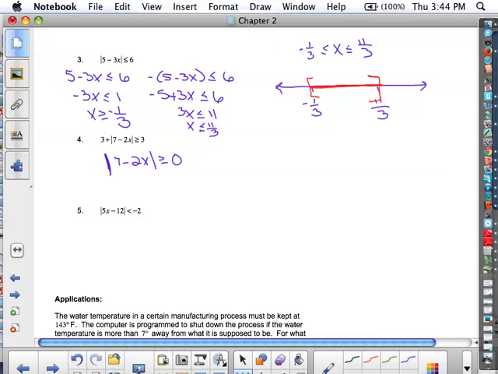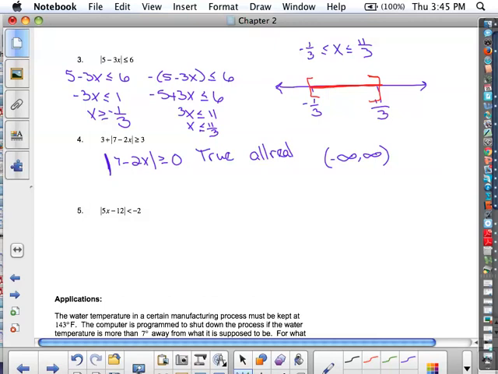Therefore, this will always be true, and therefore all real numbers are solutions to this absolute value inequality. So in interval notation, anything from negative infinity to positive infinity would make that true.